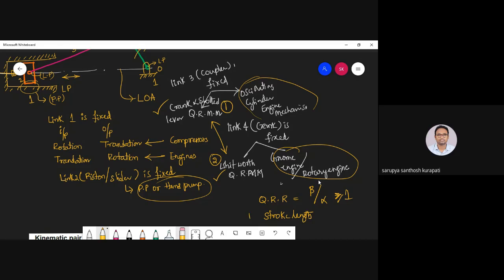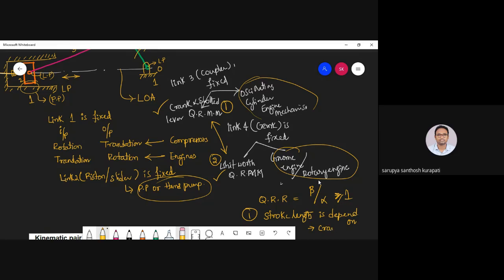In the crank and slotted lever quick return motion mechanism, the stroke length is dependent on, as we have derived, so please take out your notes and see, how many factors? Three factors. What is the first one?